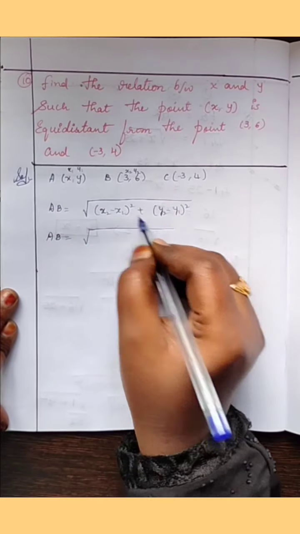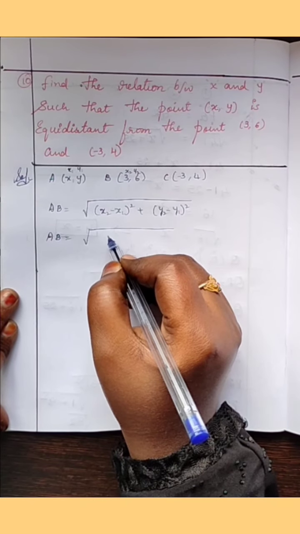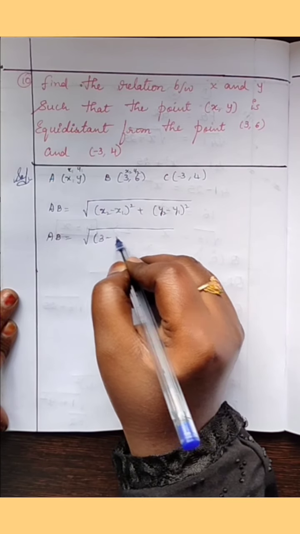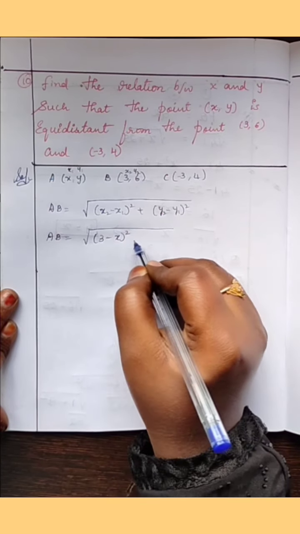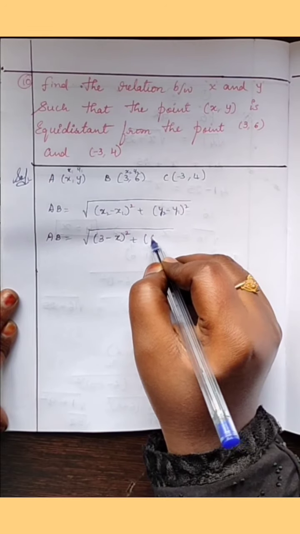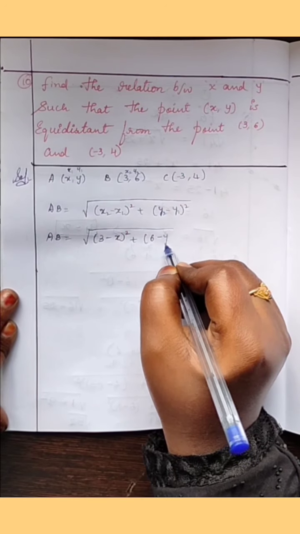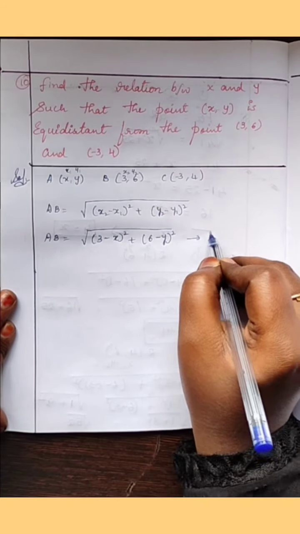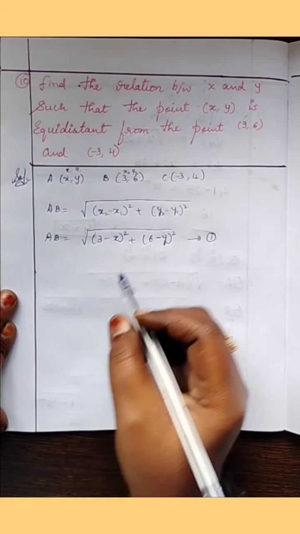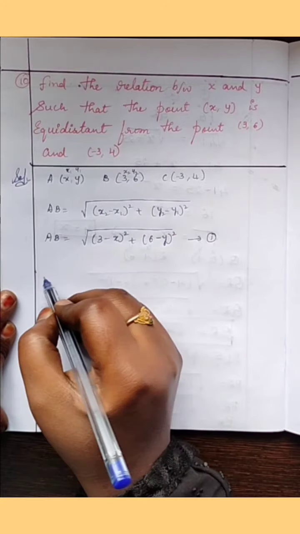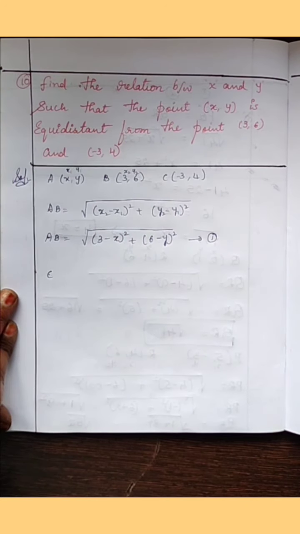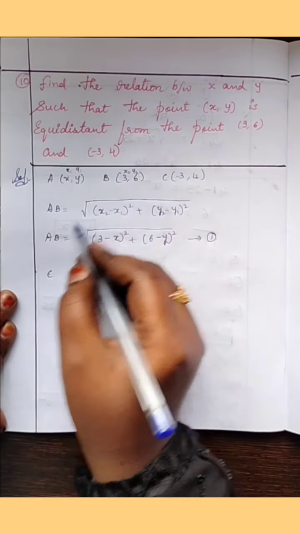AB equals root of, substitute the x2 and x1 values here. x2 value is 3 and x1 value is x, whole square. y2 value is 6, y1 value is y, whole square. Okay, now consider this as equation number 1. Later we will simplify that. Now calculate the AC distance.